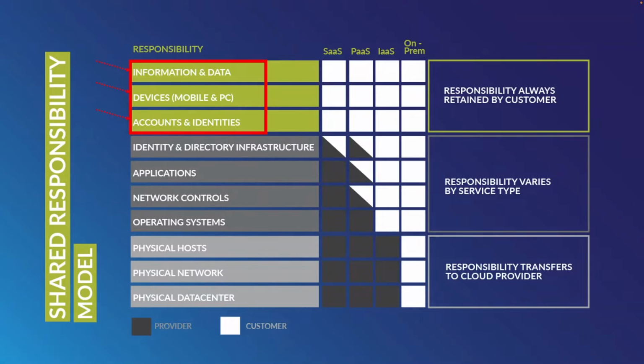Whose responsibility is it if you get breached and there was information in these cloud environments? There are certain protections that cloud providers provide, but ultimately it is the customer's responsibility, and it's retained by the customer around the data in the cloud environments, and the devices and the accounts and identities.